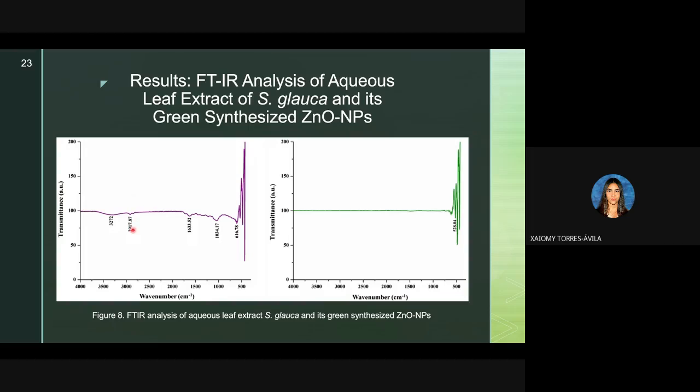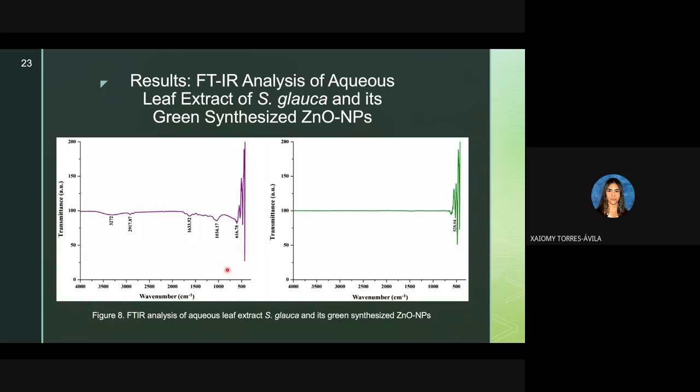Next, we have an aliphatic hydrocarbon group at 2,917.87, a primary amine group at 1,633.52, an aliphatic amine group at 1,034.17, and a triple bond at 616.78. All units of reciprocal centimeters.